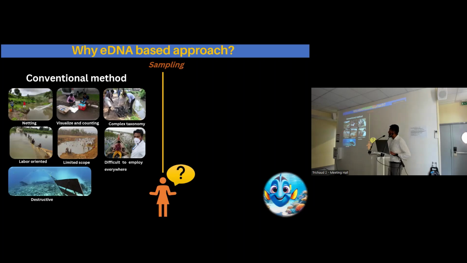We cannot apply them in some places. It is also difficult to identify cryptic species. These methods are effective to some extent, but have many limitations, as we saw. For this, we need an effective and efficient method to monitor these resources.